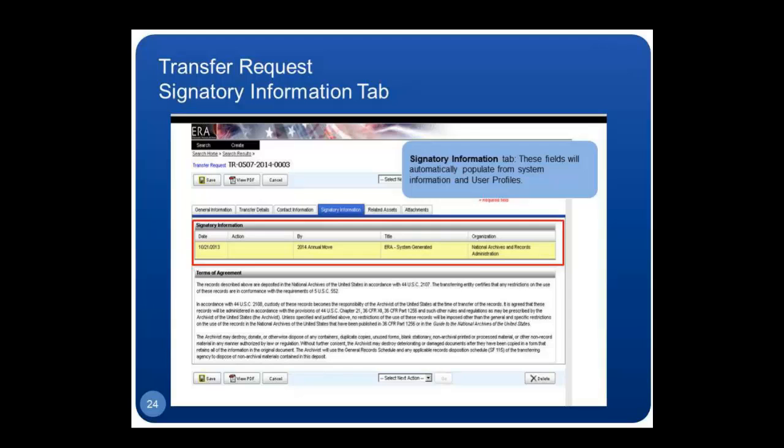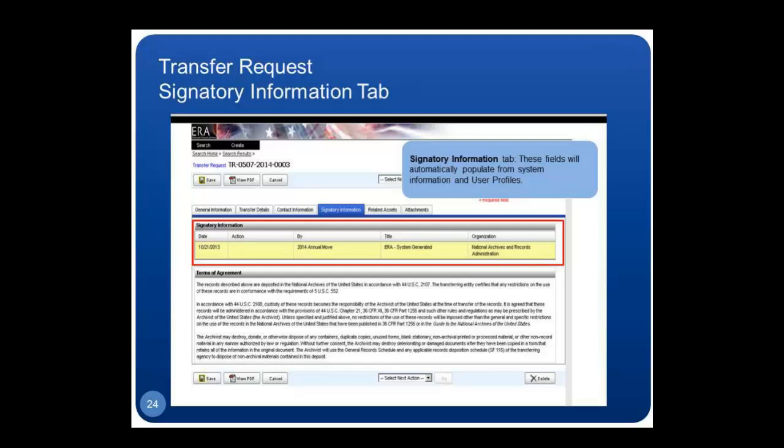As this transfer request moves through the process, other actions taken by NARA staff on this transfer request will be recorded here. So if you're interested in seeing what's happening with a group of transfer requests, you can search using a variety of search strategies, and if you want more information about that, we can talk specifically.